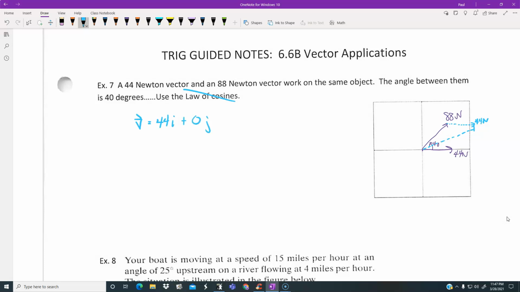That was pretty simple. And vector w is written as this guy going in this direction, so it'd be 88 cosine of 40 degrees i plus 88 sine of 40 degrees j, and you'd sum these two together to get the resultant vector magnitude and direction. Okay? I think that's a relatively easy question. Practice it. See if you got that one under control.